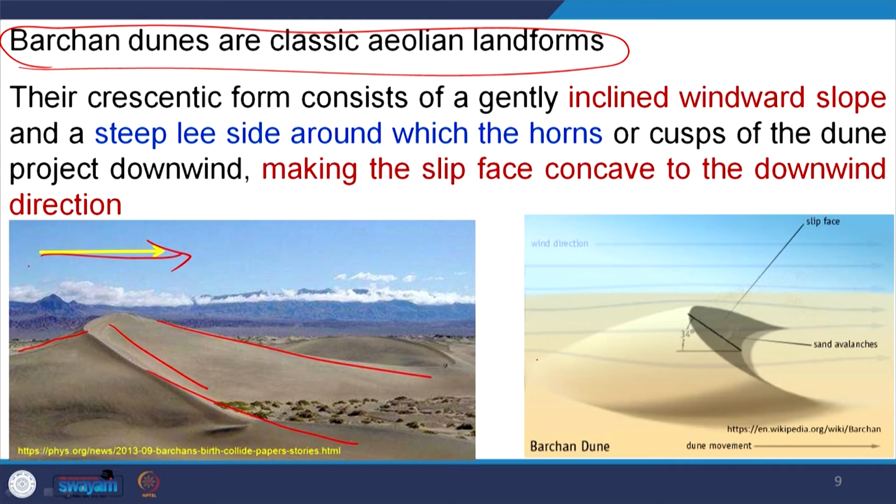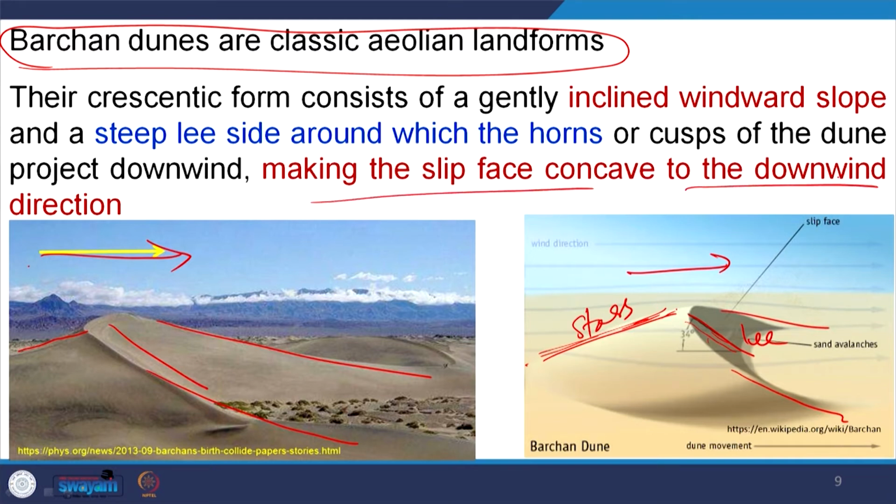Similarly, here you see the gentle slope and the steep slope, the lee side and the stoss side. This is the wind blown direction, this is called a horn, this is called a horn, and on this side there will be free fall and we will get some loose sand, and this side is relatively compact due to the shearing motions, finally making a slip face concave to the downwind direction.